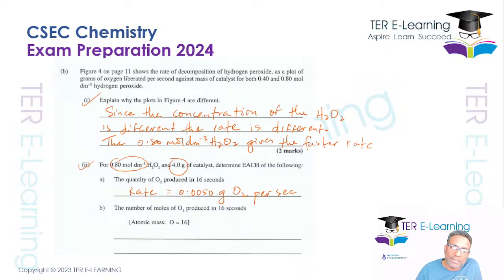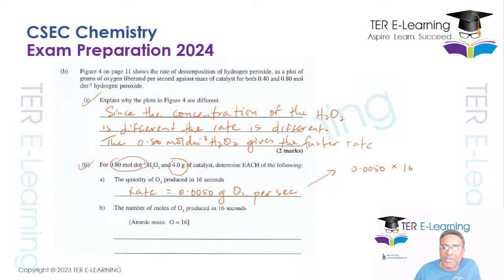Now, that is a reading from the graph, but that's not the answer to the question, because the question says the quantity of oxygen produced in 16 seconds. Since you know that the rate is 0.005, and that's per second, all I need to do to work out the quantity, because they're dealing in grams here, is take the 0.0050 and multiply by 16.